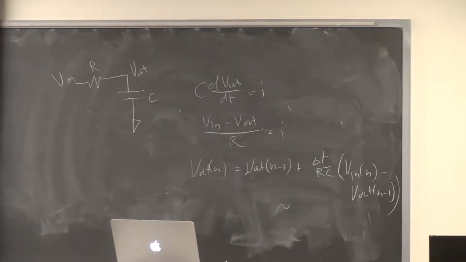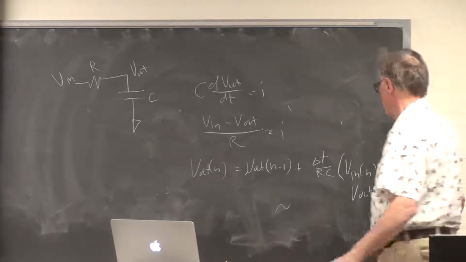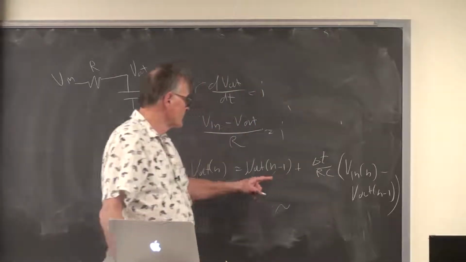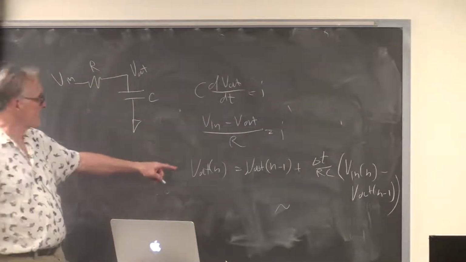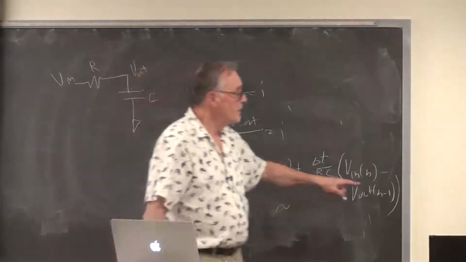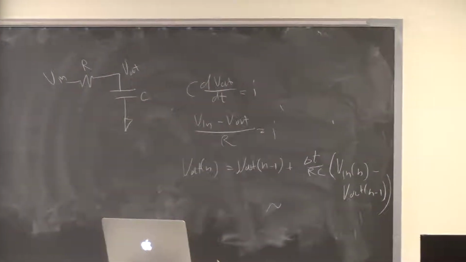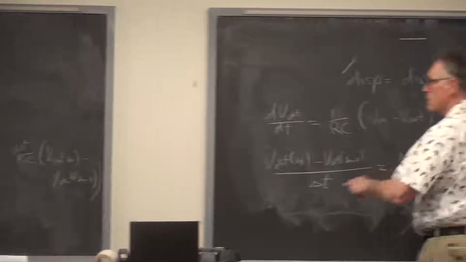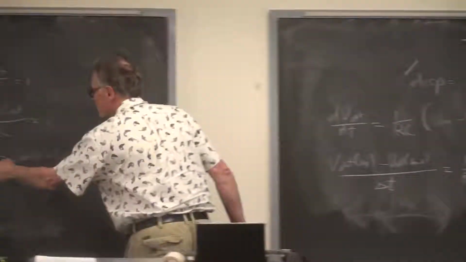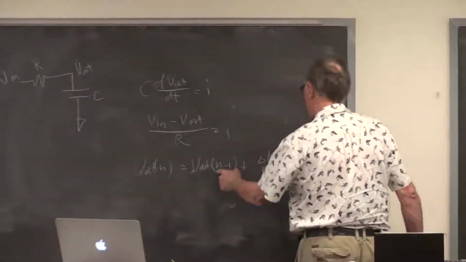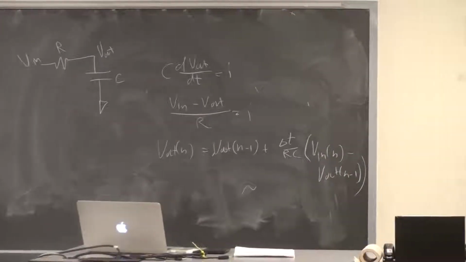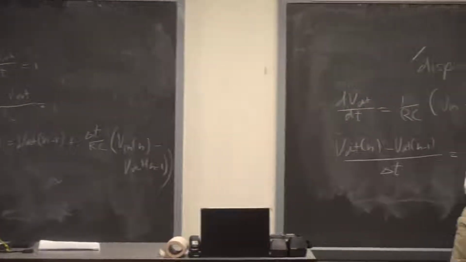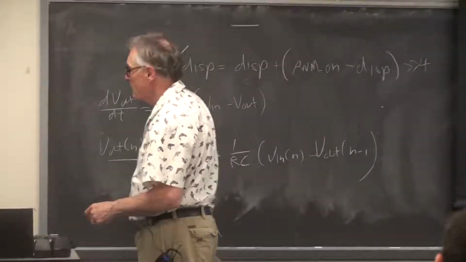So now we can clearly see what we have here: the new display is equal to the old display plus some function. The new display value is equal to the old display value plus some scaled version of the difference, just as we have here, PWM on minus display.